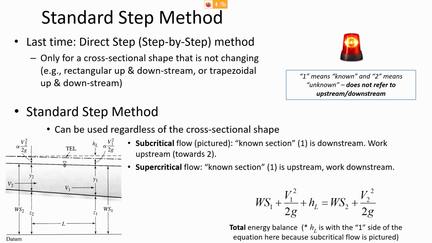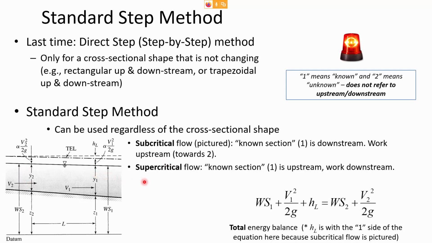So what's shown in this figure is a subcritical flow, where we're going to start with the depth that we have measured, this known downstream depth, and we're going to try and predict what the depth would be upstream. Supercritical flow, you work in the opposite direction.